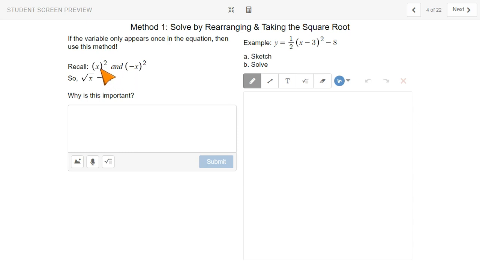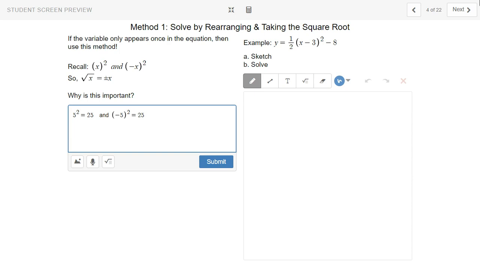So remember, if I have a square root of a negative number or a positive number, they both become a positive perfect square. So let's say I had 5 squared. This is equal to 25. But if I had negative 5 all squared, this is also equal to 25.